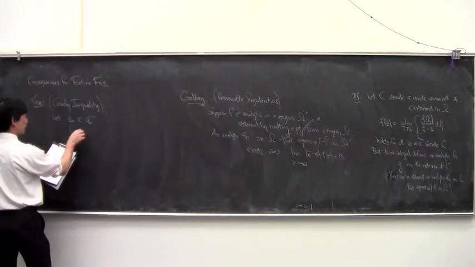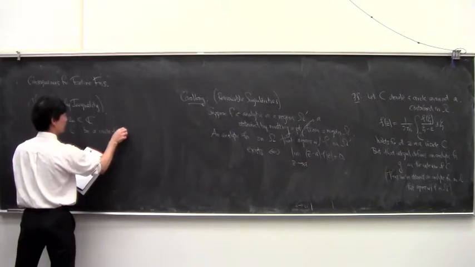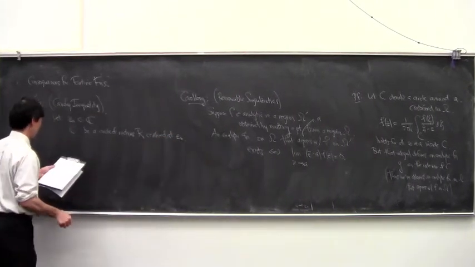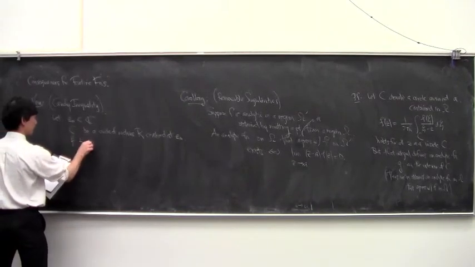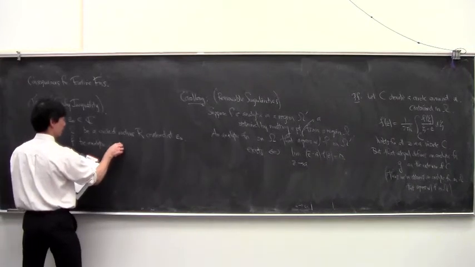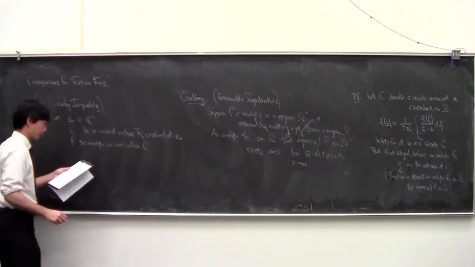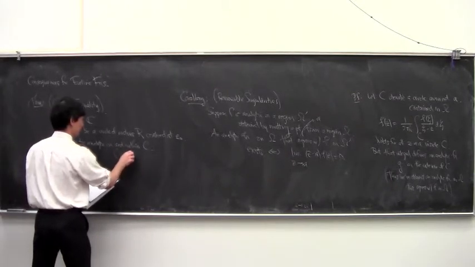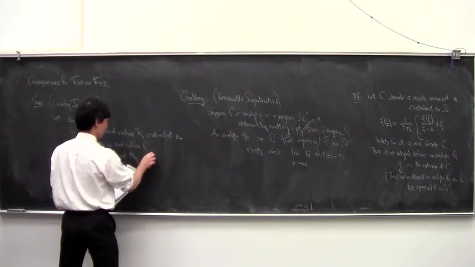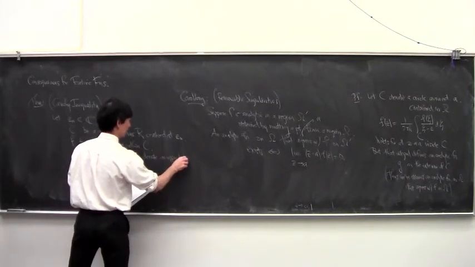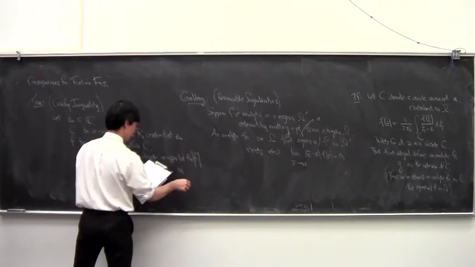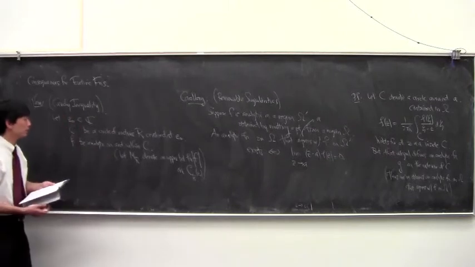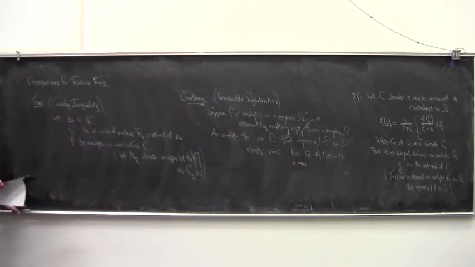Let C be a circle of radius r centered at z naught, and let f be analytic on and within C. Let M sub r denote an upper bound for the absolute value of f on C, this circle of radius r centered at z naught.